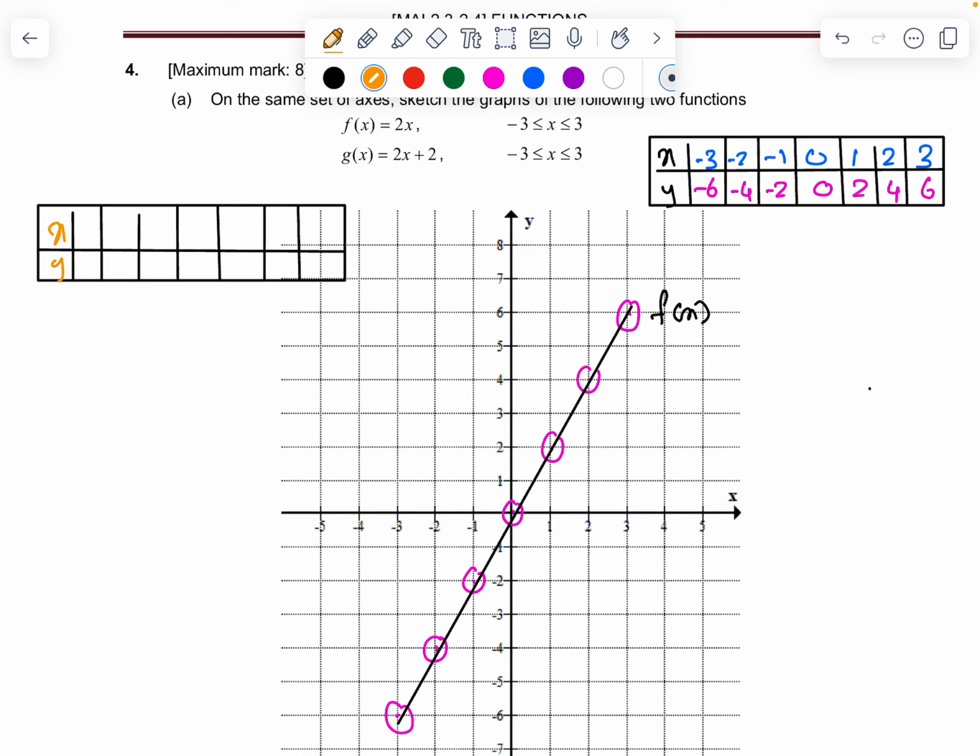So x, y: -3, -2, -1, 0, 1, 2, 3. So it becomes 2x plus 2. So it becomes -6 plus 2 is -4, then -4 plus 2 is -2, then -2 plus 2 is 0, then 2, 4, 6, 8.